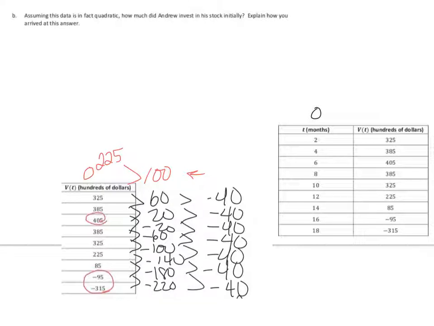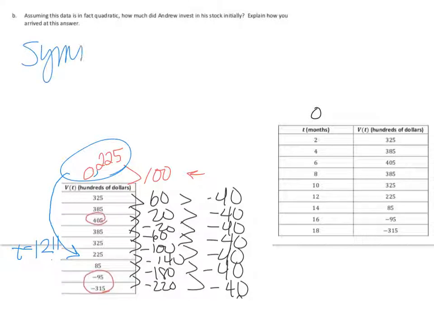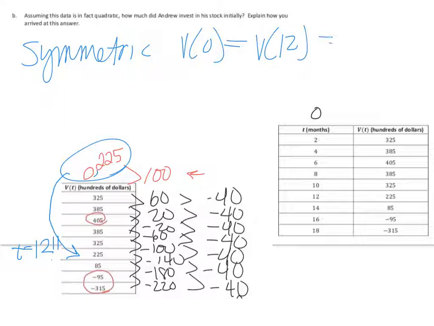And what's really cool, time equals 0, 225, looks like I am symmetrical with time equals 12, which is very cool. So I used my second differences to figure it out. And then we know symmetrically V of 0 equals V of 12, which is $225. Cool?